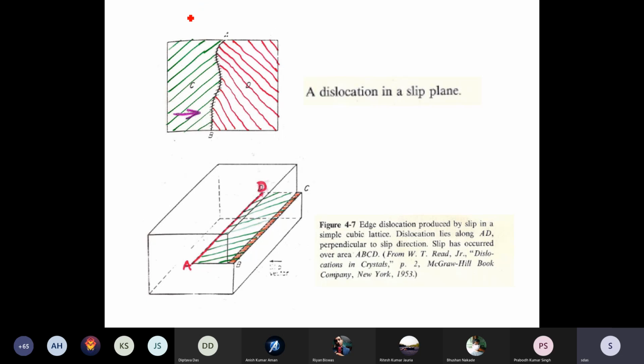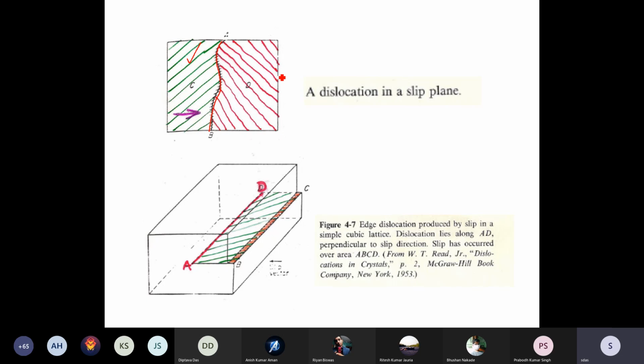This line AB is the region of localized lattice disturbance separating a slip region. Slip means, on a rainy day on a wet floor, you can glide on it. That's a slip on which the crystal moved, above which.